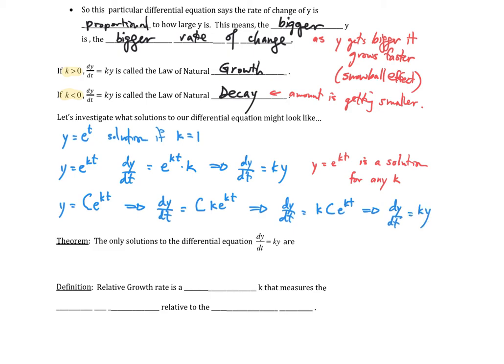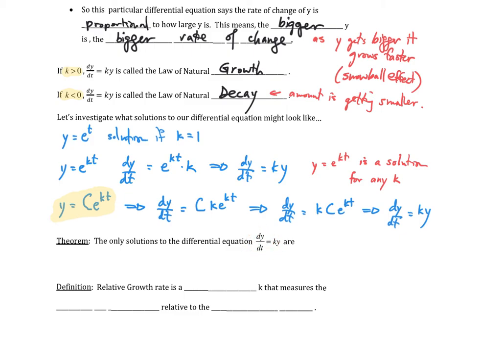So what have we done? We've shown that a function that looks like this is going to be a solution to our more general differential equation, dy dt is equal to ky.